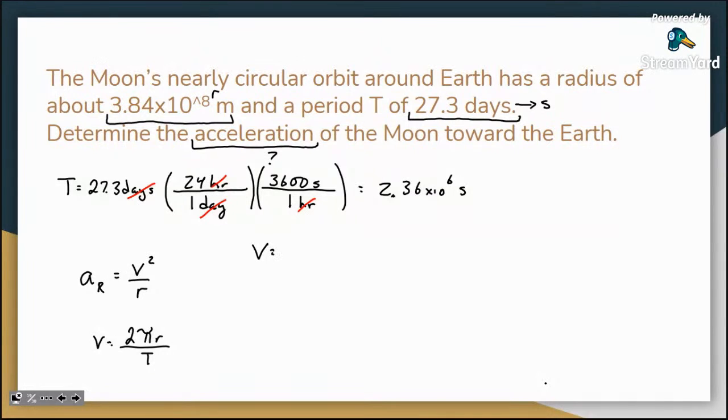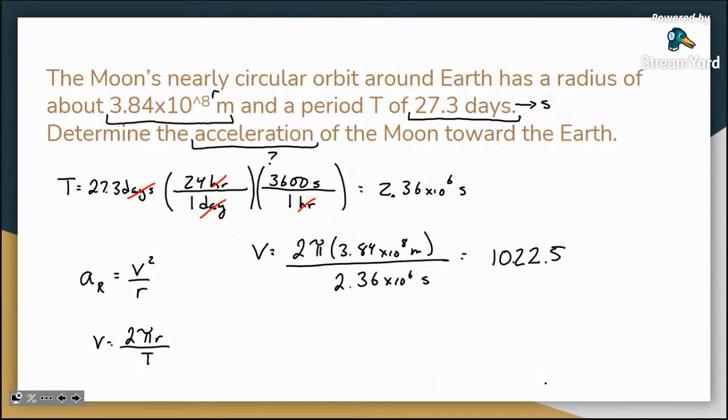First off, velocity would be 2 pi times that radius of 3.84 times 10 to the 8th meters, all divided by this period of 2.36 times 10 to the 6th seconds. And that gives me a velocity of 1022.5 meters per second, approximately.